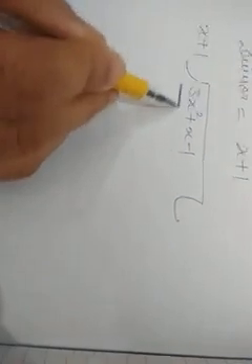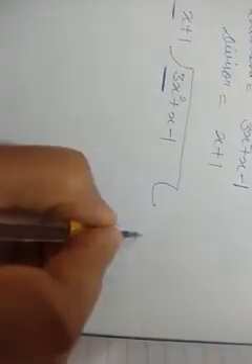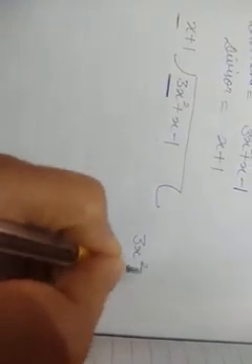Look at the first term of the dividend, and look at the first term of the divisor. Divide the first term of the dividend by the first term of the divisor.